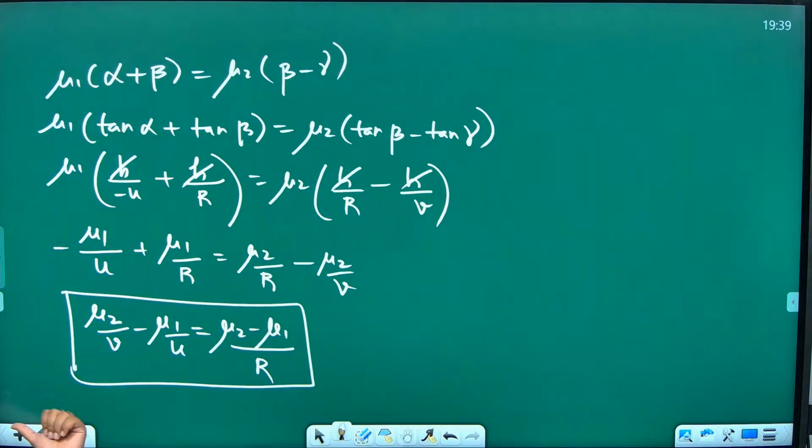Okay, Shakti, which topic do you have a problem with? Snell's law, sir. Okay, Snell's law. The understanding of that or numericals based upon that? Numericals, sir. I'm not getting the numericals at all.